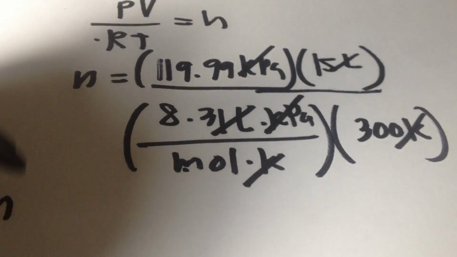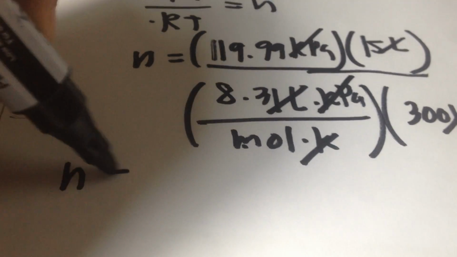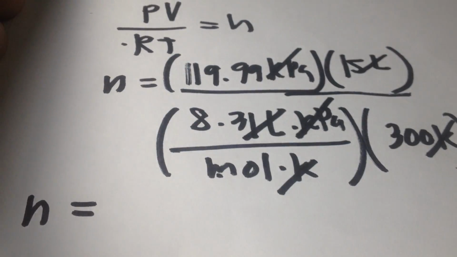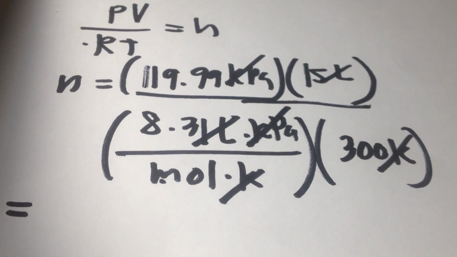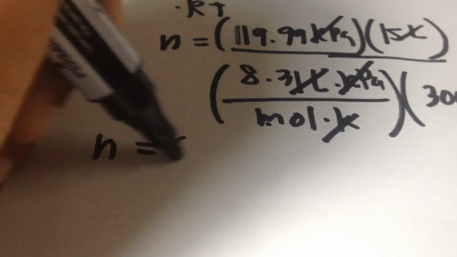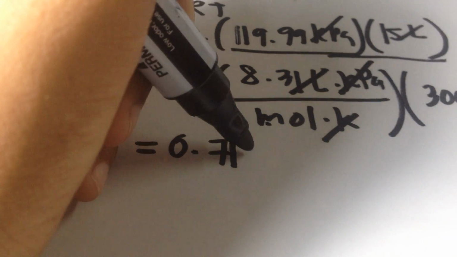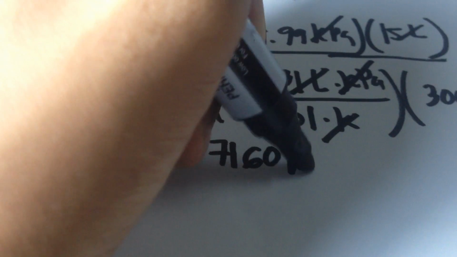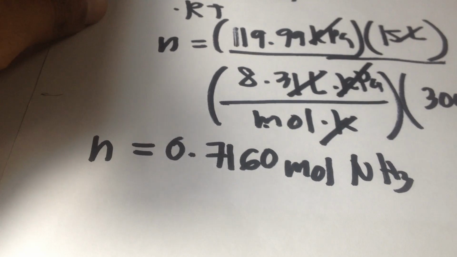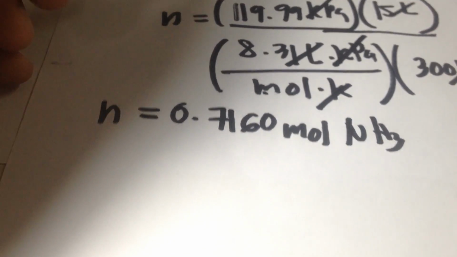So n is equal to 119.99 times 15 divided by 8.31 times 300, which is equal to 0.7160 moles of ammonia.